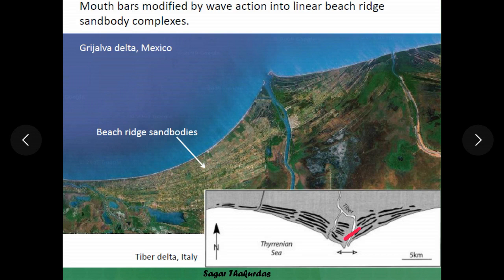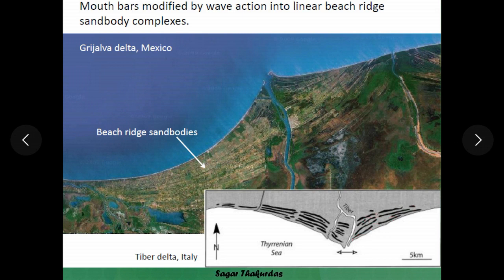If you see carefully here, you'll be able to recognize that there are numerous barrier islands. In this diagram also you can see the barrier islands which are parallel to the coastline.